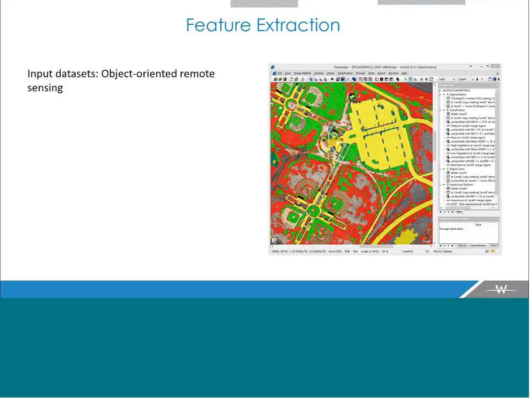So once we have the data set all scrubbed and normalized, we bring it into our feature extraction platform. And within this platform, we can create rules, basically algorithms that tell us what to look for in order to map impervious surfaces.